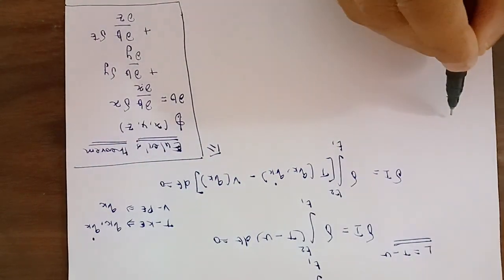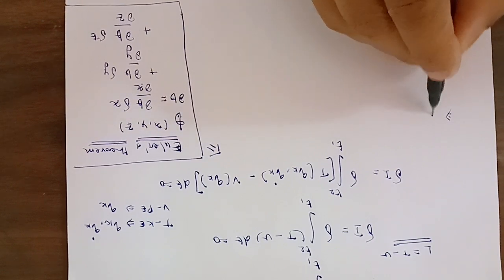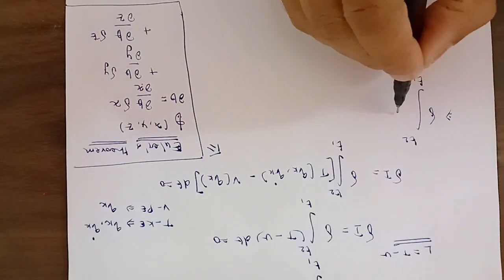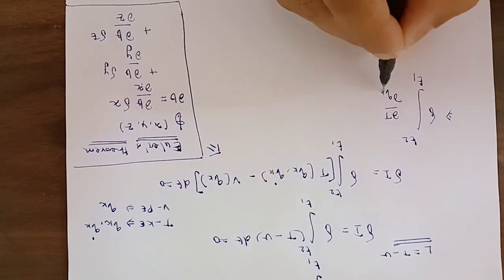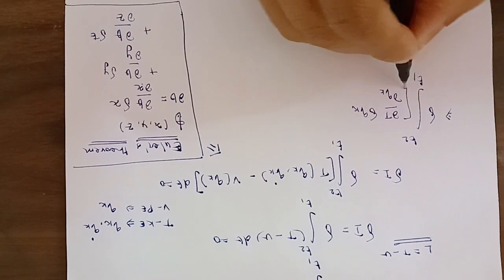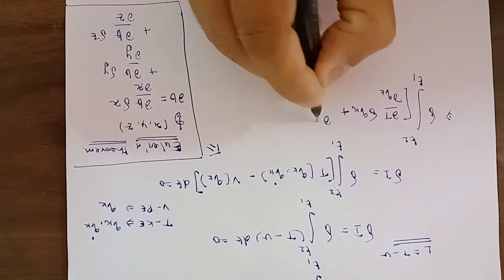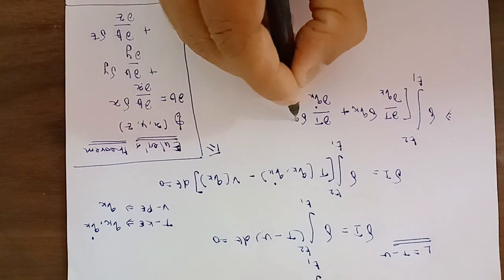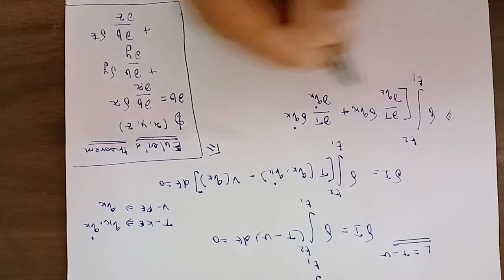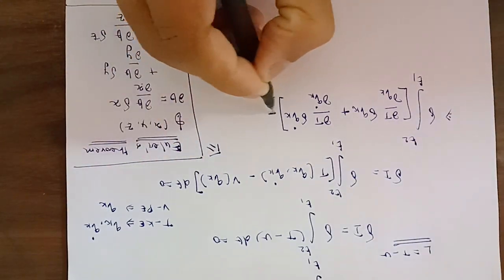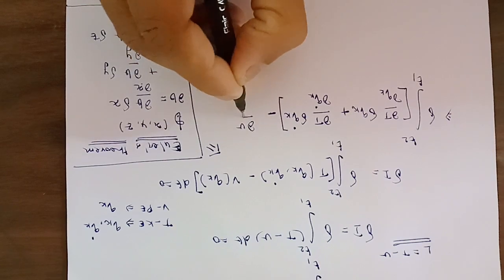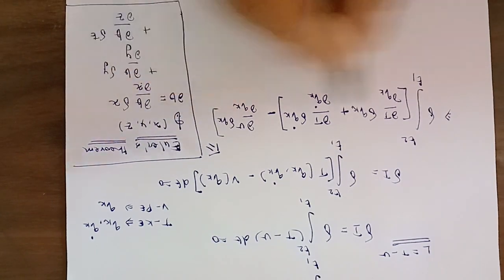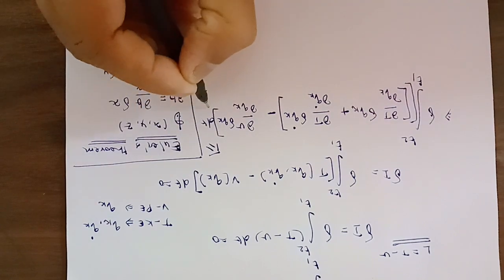Now you see, this equation becomes delta of integral t1 to t2, first term dou T by dou qk into delta qk, then plus dou T by dou qk dot into delta qk dot, then similarly for V, minus dou V by dou qk into delta qk, into dt is equal to 0.